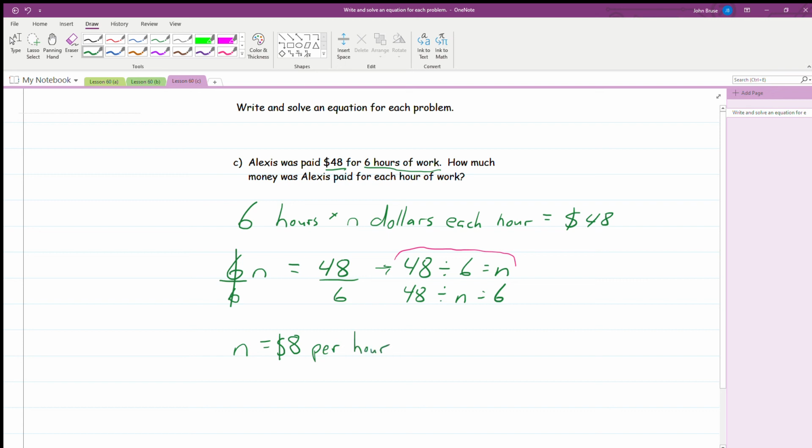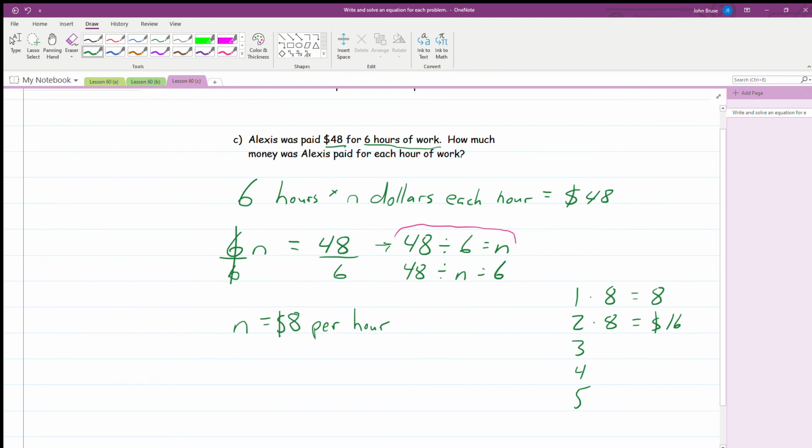And we could check this. So if he worked for 1 hour, he made 8. So we're doing $1 times 8, he made $8. In 2 hours, if he did 2 times 8, he made $16. Oops, I started adding money signs. 3, 4, 5, and we'll pull this down just a tad, and 6.